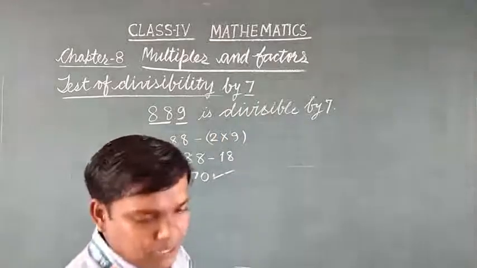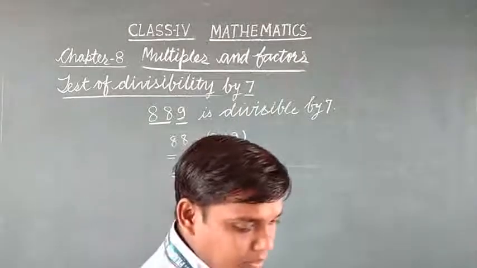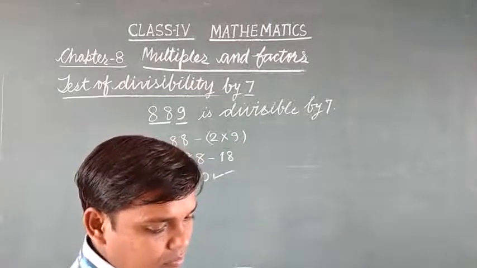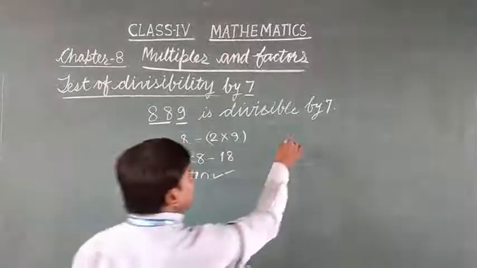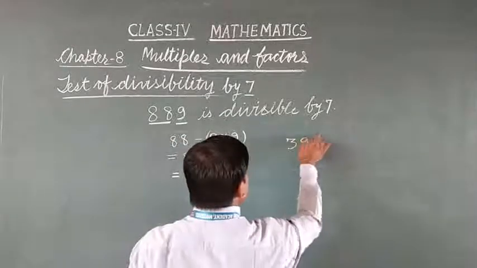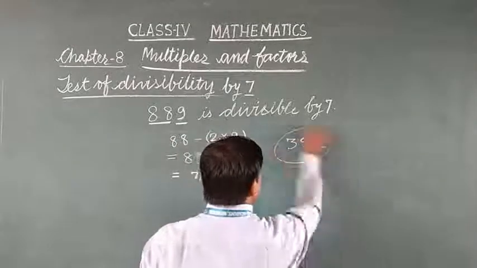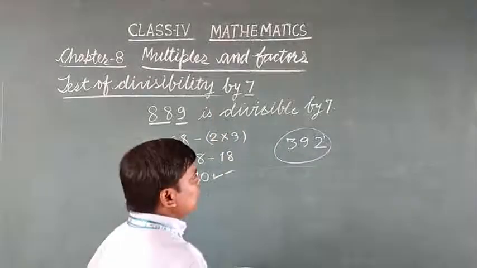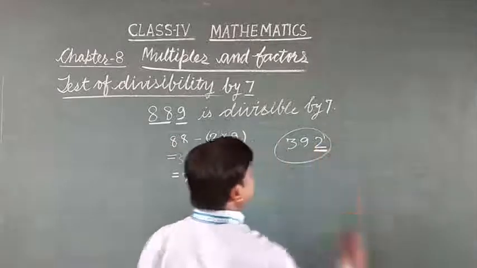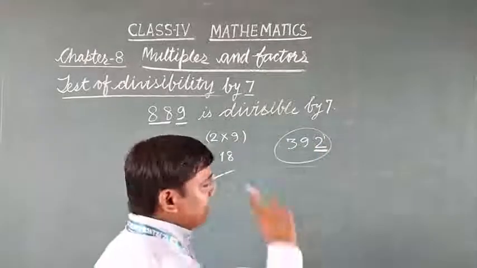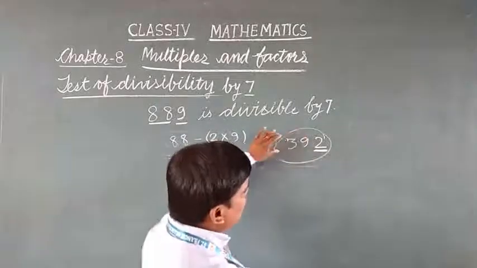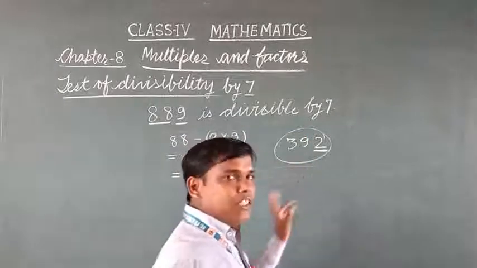Take another example. If we have number 392. We have to check this number is divisible by 7 or no. So as I told, we will take the last digit, that is ones place digit. We will multiply last digit by 2 and the number formed by remaining digits, and we will find the difference.